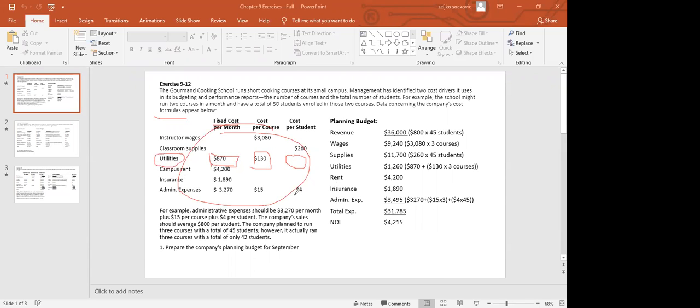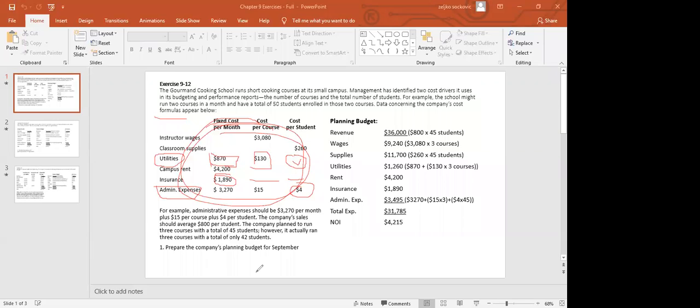Supposedly it doesn't change with student number. The admin expenses do change. You have more students, each student will use $4 for admin expenses. Insurance, you see, does not change in terms of students or courses. We have to pay no matter what, $18.90. So these are the functions that we will use for what? For flexible budget.